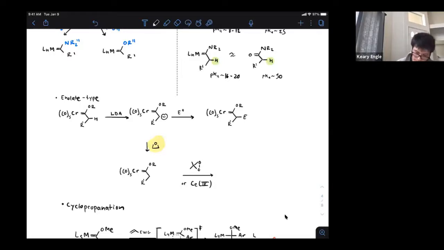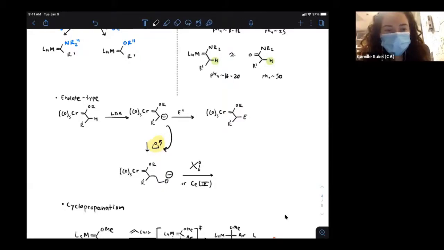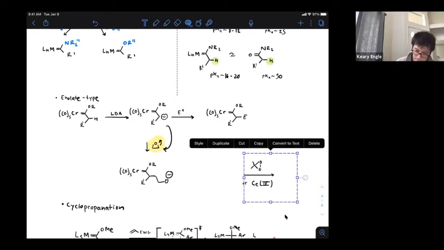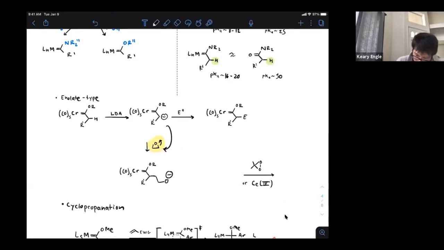Okay, so you're thinking like this? Yes. Okay, I like that. So 2 carbons and then O minus. And then I guess if it's electrophilic, you could form a ring. Beautiful. So now this is going to swing back down and you get a metallolactone.